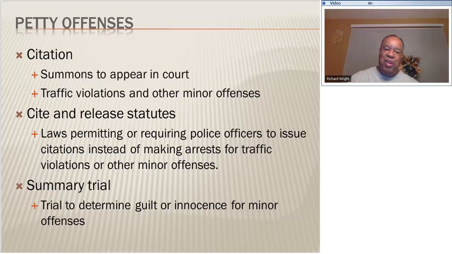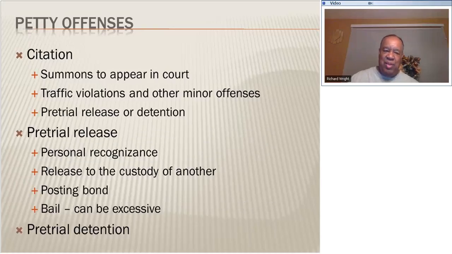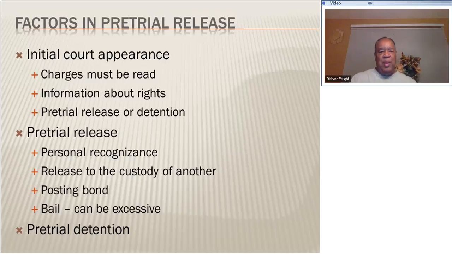There pretty much are fines that are the disposition of those. So one of the things that happens when you come before the court in your initial appearance is that the charges are read, you're informed of your rights, and then there is an opportunity for release or detention.